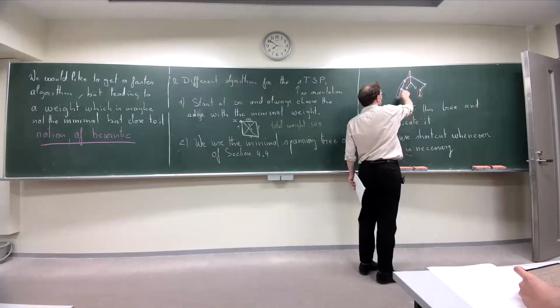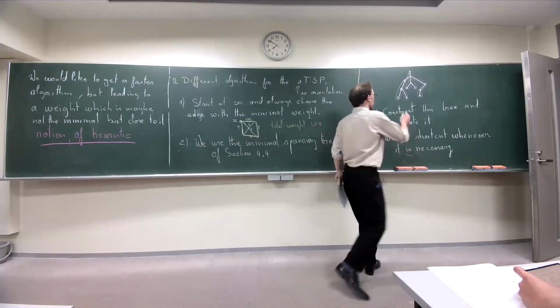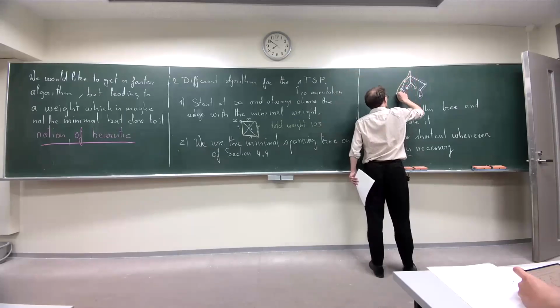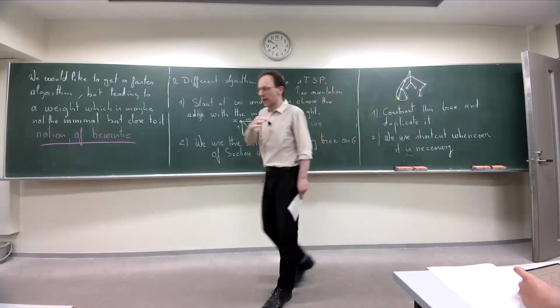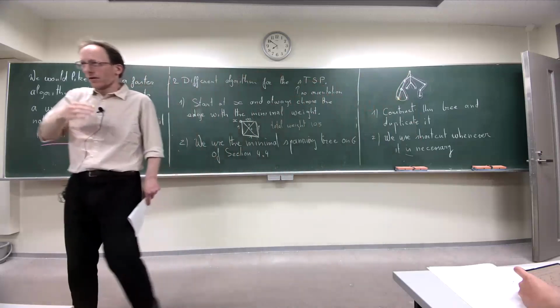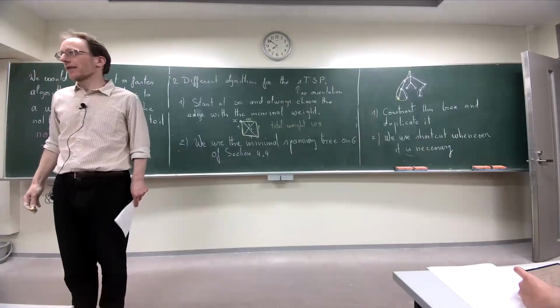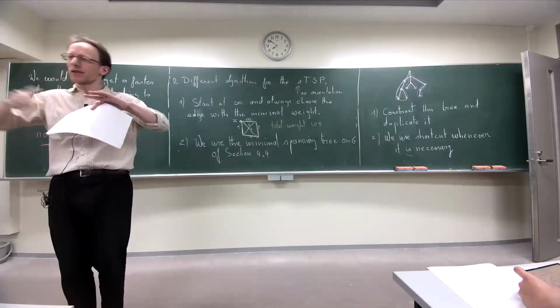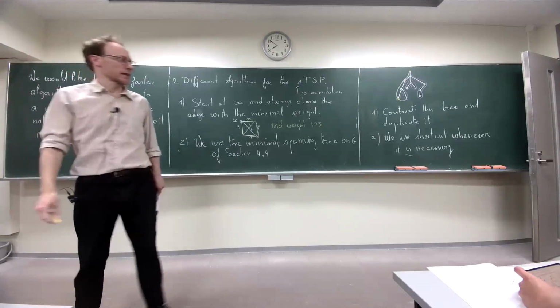When you are here, you don't want to go back to this vertex because you already visited it. So you jump from here to here. And you assume that there is a way to do it. I mean, if it is a complete graph, this edge exists, even if in reality it means you have to go back by a certain path you have already taken.